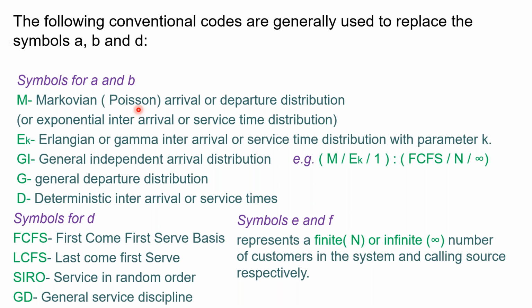So if your arrival rate follows a Markovian or Poisson distribution, then it will be represented by M.